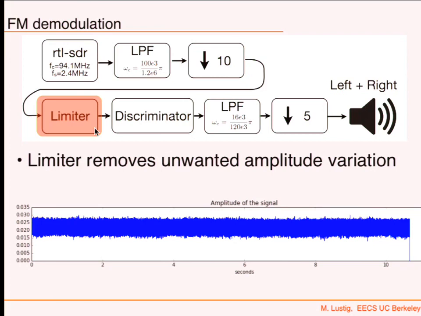And how do you do a limiter in hardware? It's more complicated. You have to kind of bound the signal so it doesn't go above a certain range, things like this. In DSP, it's as simple as dividing by its absolute value. Okay? That's the limiter. You divide by the absolute value, and then you only get the phase variation.